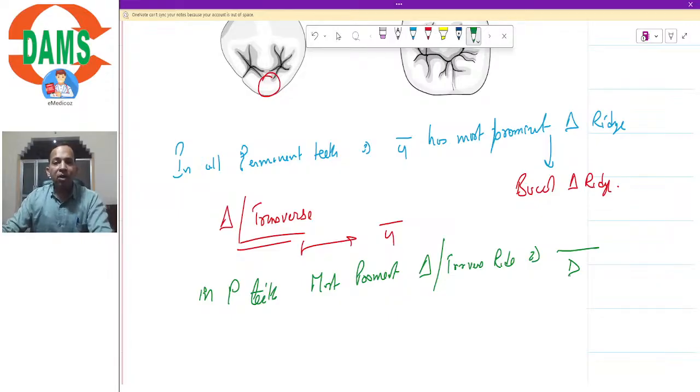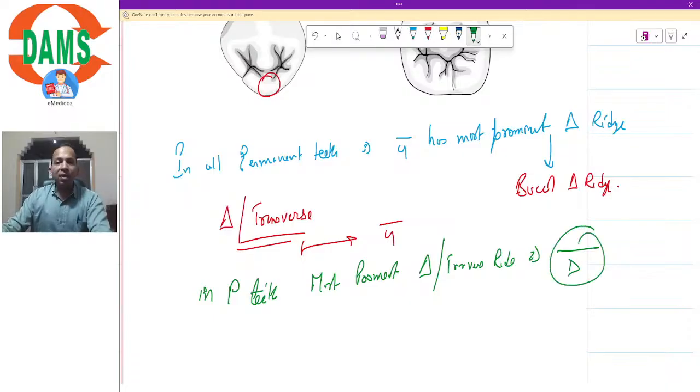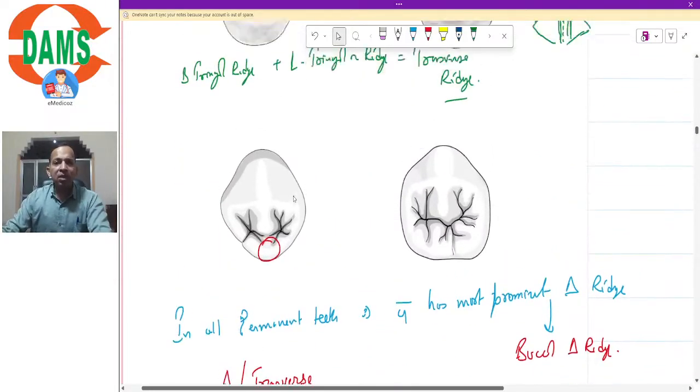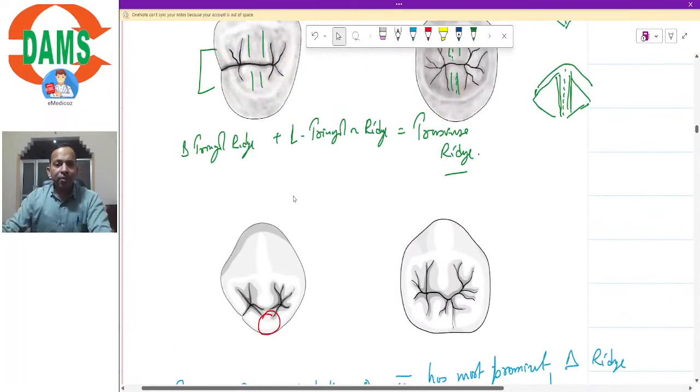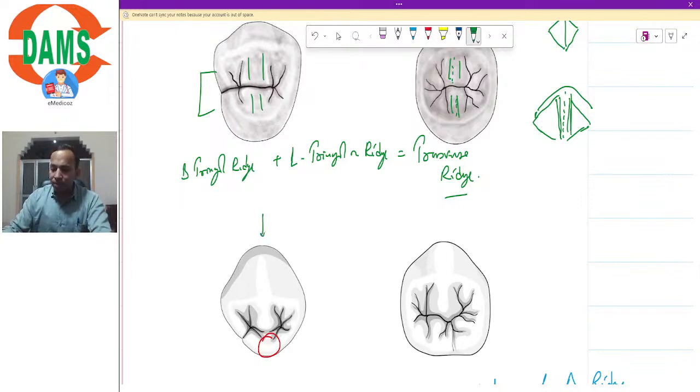It is seen in mandibular deciduous first molar, and even the most prominent marginal ridge is seen in deciduous mandibular first molar. So we'll come to it later on when we are studying the molars, right? So right now let's compare the premolars. So the most prominent transverse ridge or the triangular ridge is seen in mandibular first premolar.